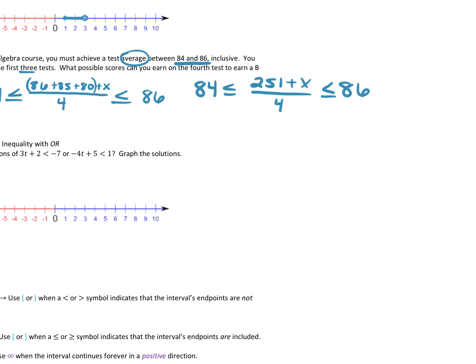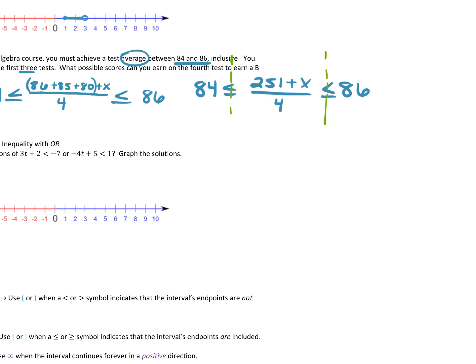Okay, now forget about the fact that you have inequalities going on right now. I want to isolate X. I want to get X by itself. So if we just look at the middle chunk, what would you have to do to get X by itself first? You multiply. You are dividing right now.